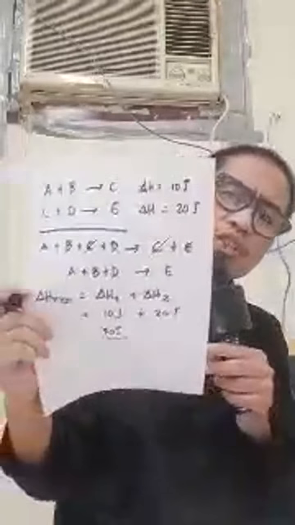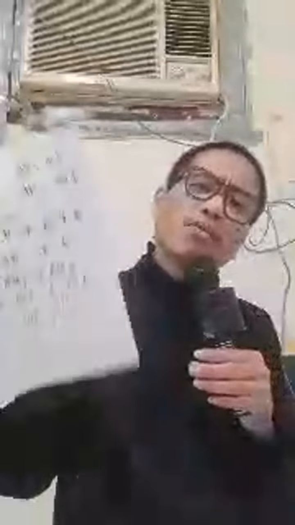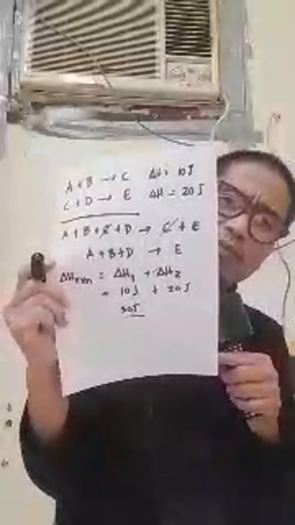If you multiply a reaction by a figure in order to balance the first and second reaction steps, just to cancel the similar quantities of elements and compounds, then you also multiply the change of enthalpy of that reaction. Then add that up, and that will be your change of enthalpy of the reaction.